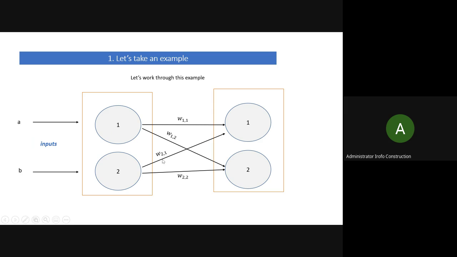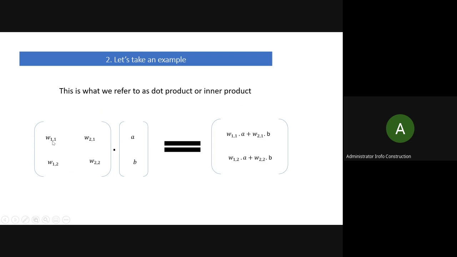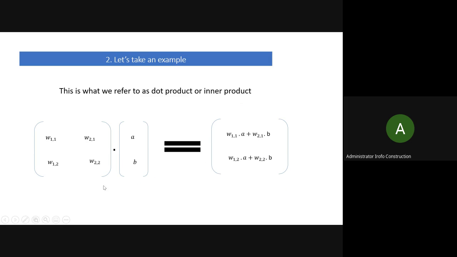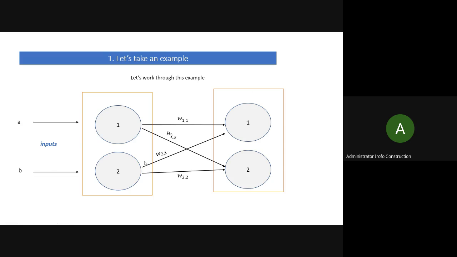For the second node, the links coming to it are W12 and W22, and they will also be on the second row. So all the links.